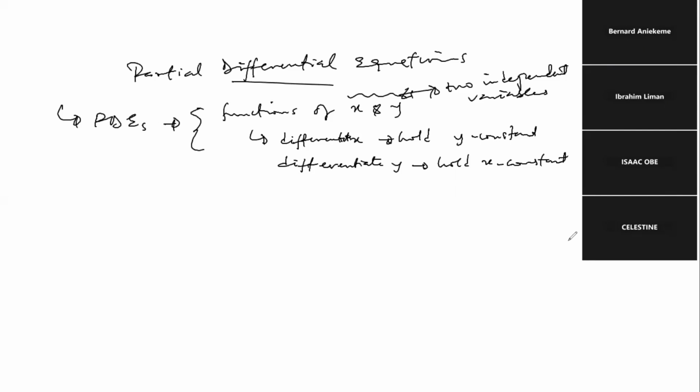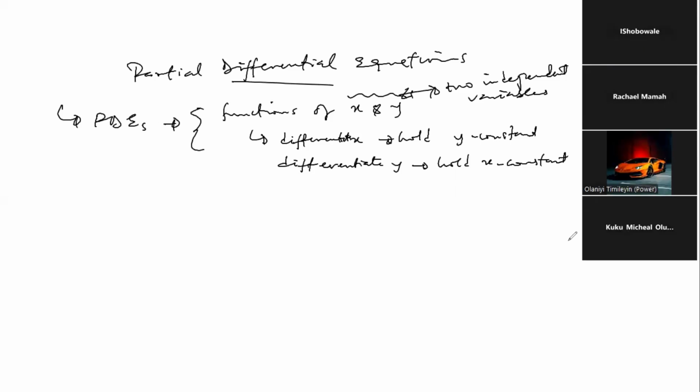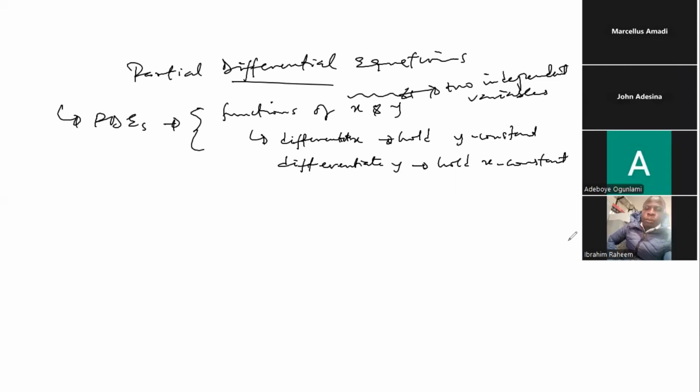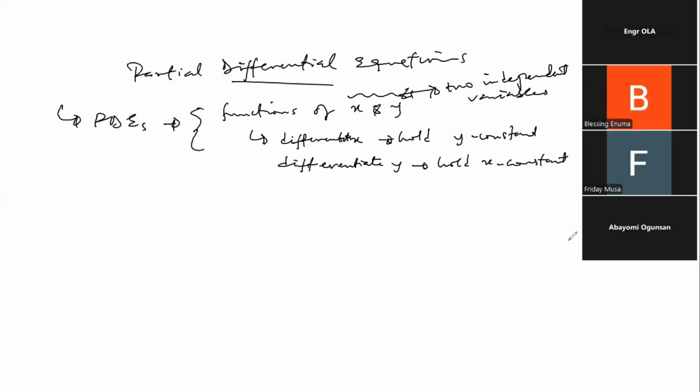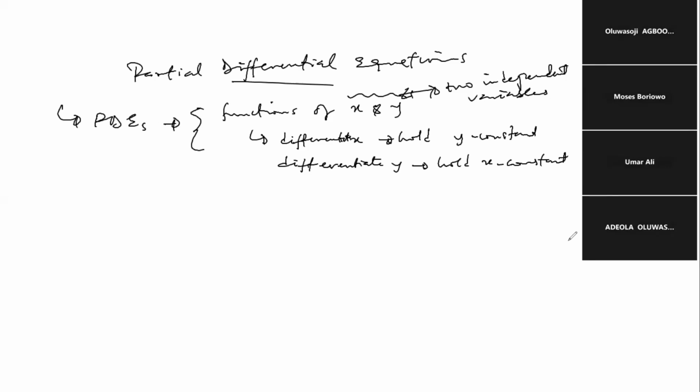We have Ibrahim Lima, Isaac Obe, Rachel Mama, Kuku Michael, Nancy. So who's going to help us out? We have Adeboye Ogunlami, John Adeshino. Sorry, I was trying to unmute my system.